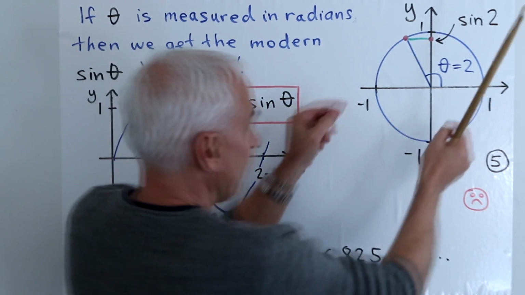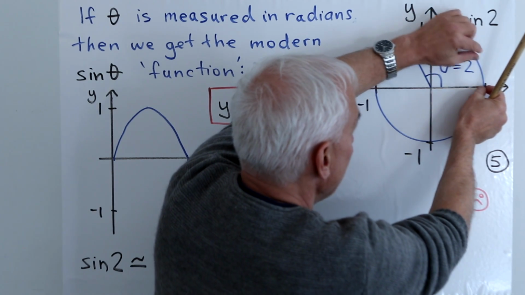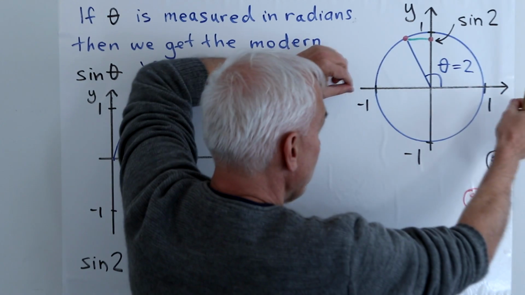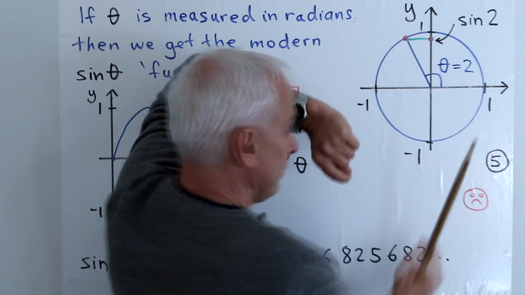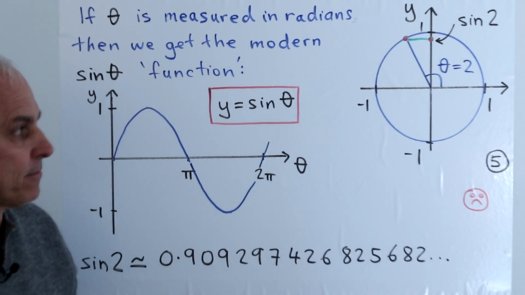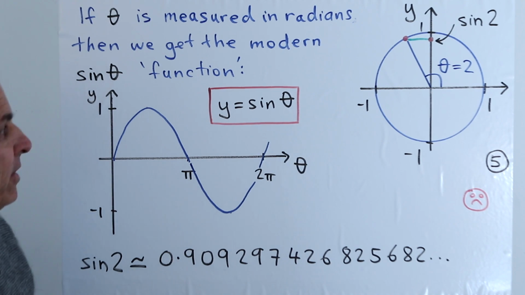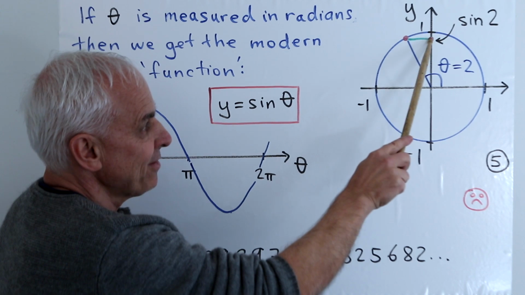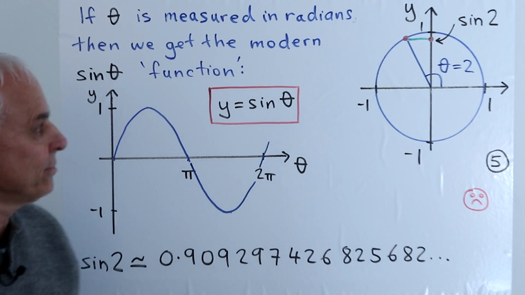It means that if we had a piece of string and we were somehow able to bend that string in the shape of that circular arc, and then we stretched it out, it should be the same as that. That's a physical prescription of what's happening. And then the y-coordinate of that point is what we call sine of 2.